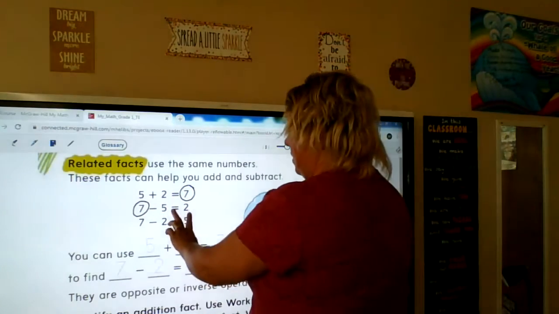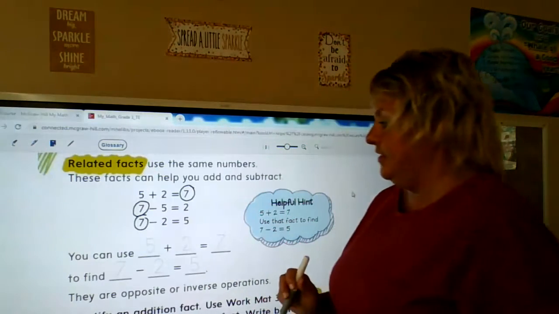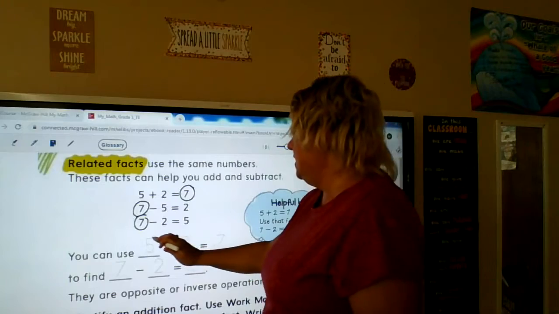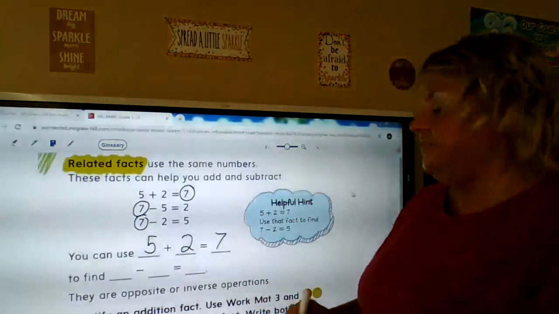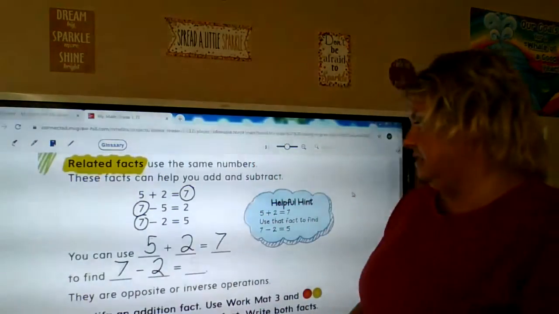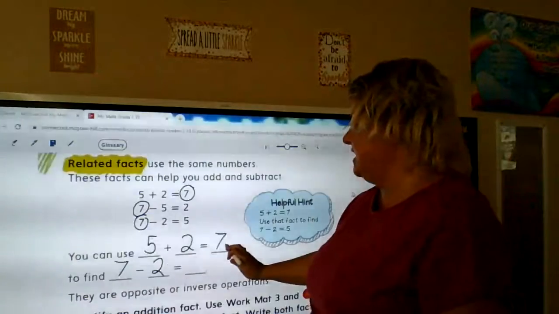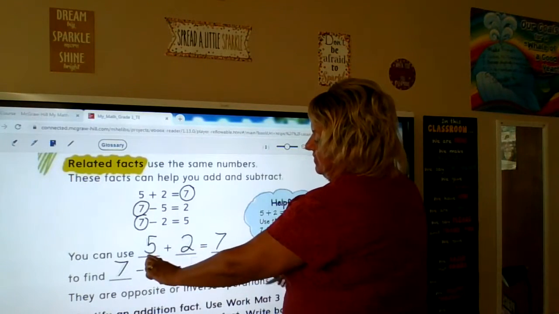Or we can switch those parts. The parts to 7 are 2 and 5. You can use 5 plus 2 equals 7 to find what 7 minus 2 is. If 5 plus 2 is 7, what is 7 take away 2? What do you have left?